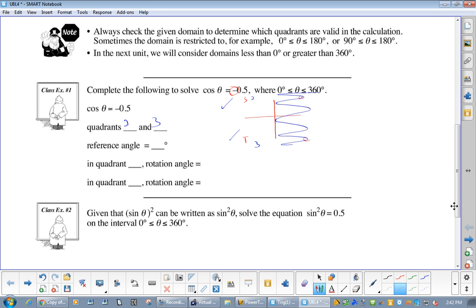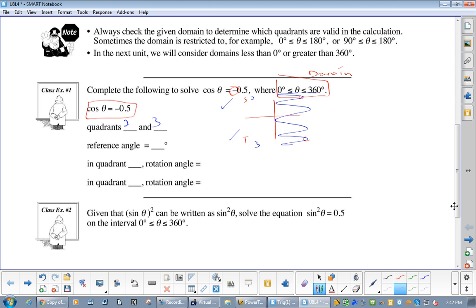Now, look at this. It does not say make sure you're in degree mode. Do you know what says that though? There is something that actually tells you to make sure you're in degree mode, where there's no degree sign. See? No degree sign. The question gives the domain.